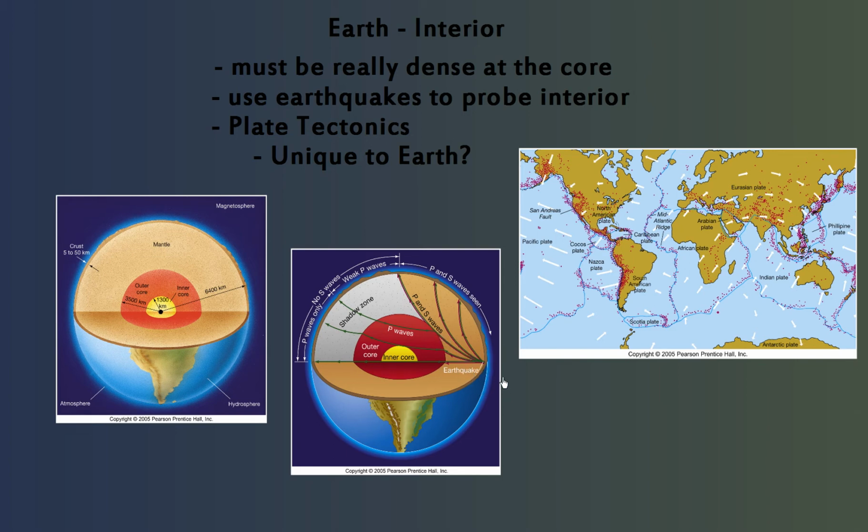And without going into detail about why, S waves cannot travel through liquidy materials. They travel through solids, whereas pressure waves can travel through liquidy materials. And so, based on the fact that all waves refract when they hit mediums of different density, you might have learned that in physics or chemistry, maybe.